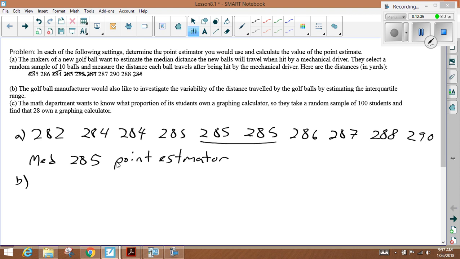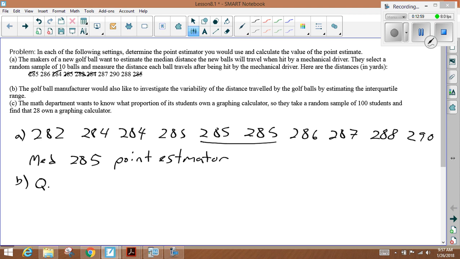The golf ball manufacturer would like to investigate the variability of the distance traveled by the golf balls by estimating the interquartile range. It's good that we go back to these things, because it's very important to know how to calculate your interquartile range.